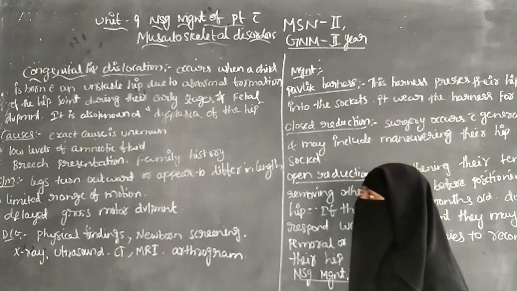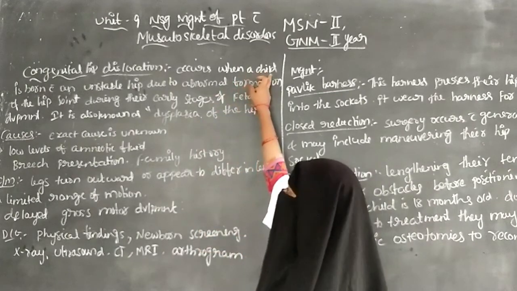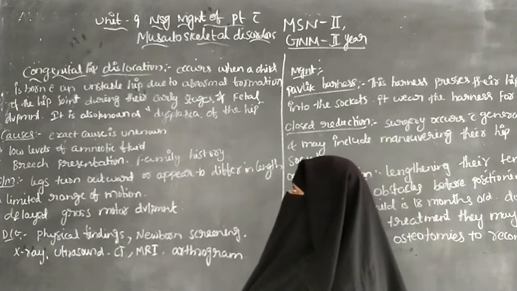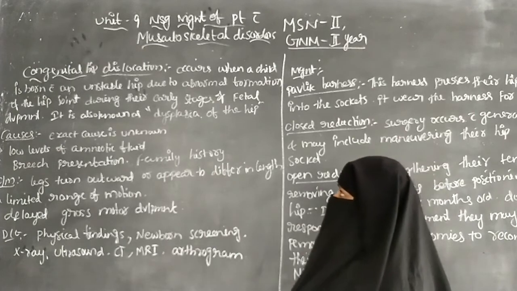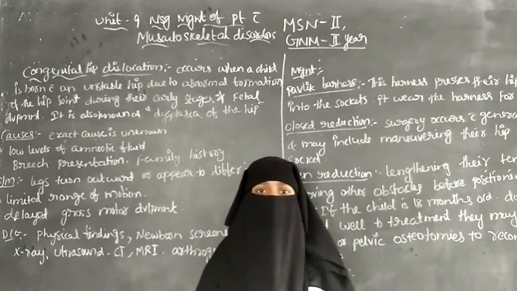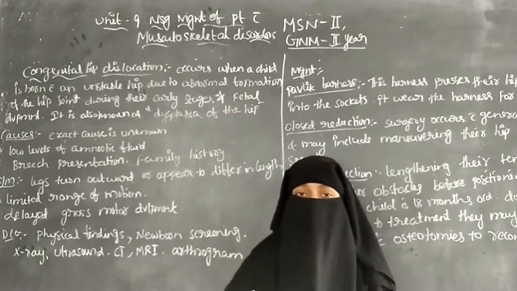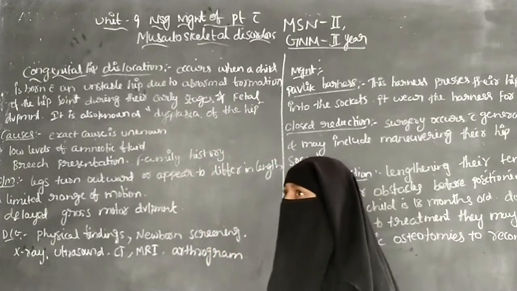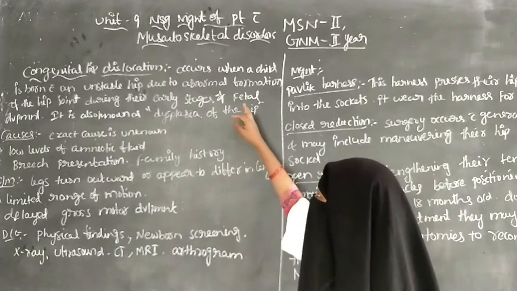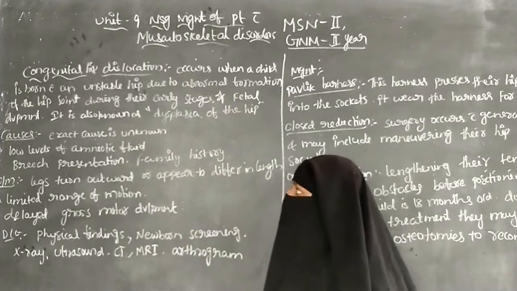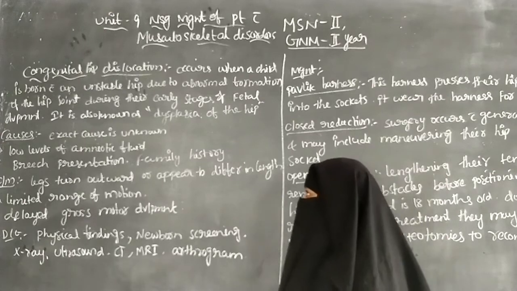What is meant by congenital hip dislocation? It occurs when a child is born with an unstable hip due to abnormal formation. There is an abnormal formation of the hip by birth, which occurs during the early stages of fetal development.